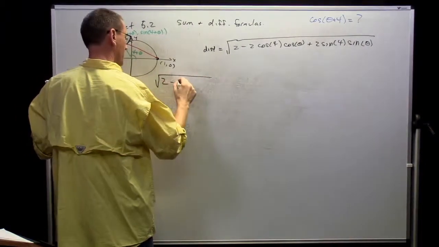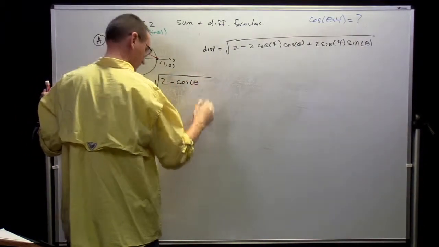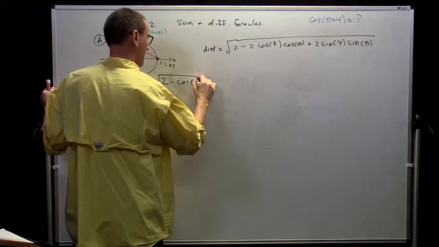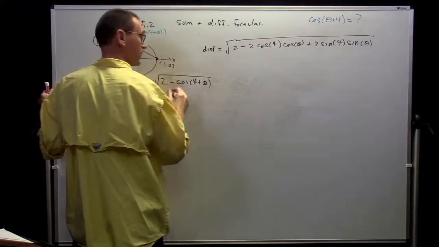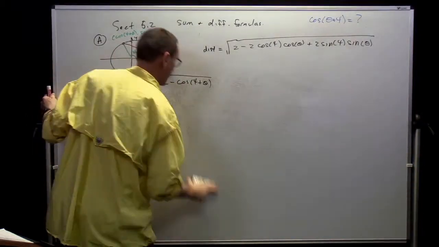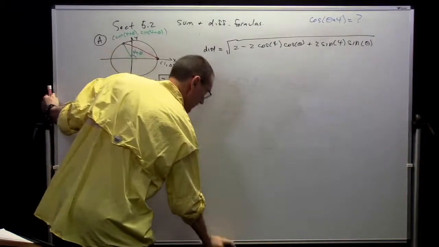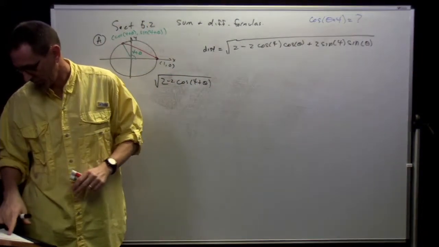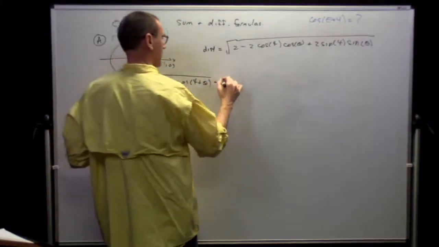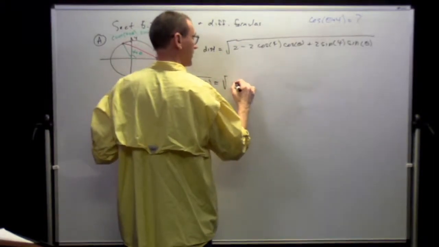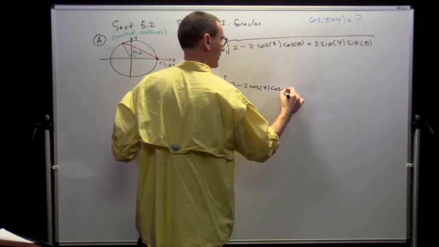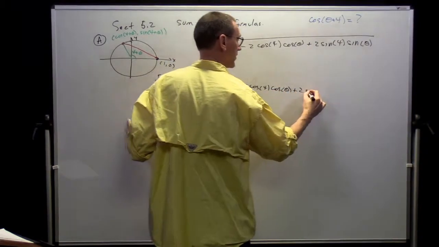I had 2 minus cosine psi plus theta. Actually, it's 2 minus 2 times that. Sorry. Double check. Yes. Is equal to that. Whatever that is.